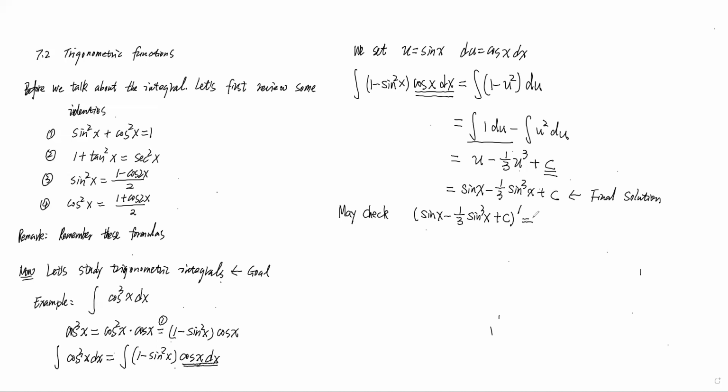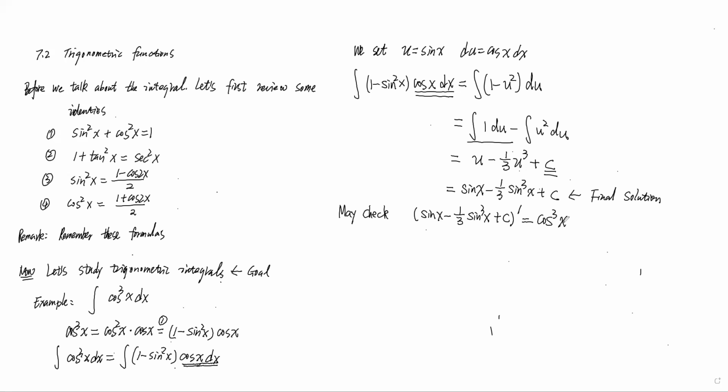This should be cosine cubed x. If this is not right, it means your computation for the antiderivative is wrong. You don't have to check, but sometimes in case you made a mistake, you check it to make sure. Okay, my computation is totally right. So that's this problem.